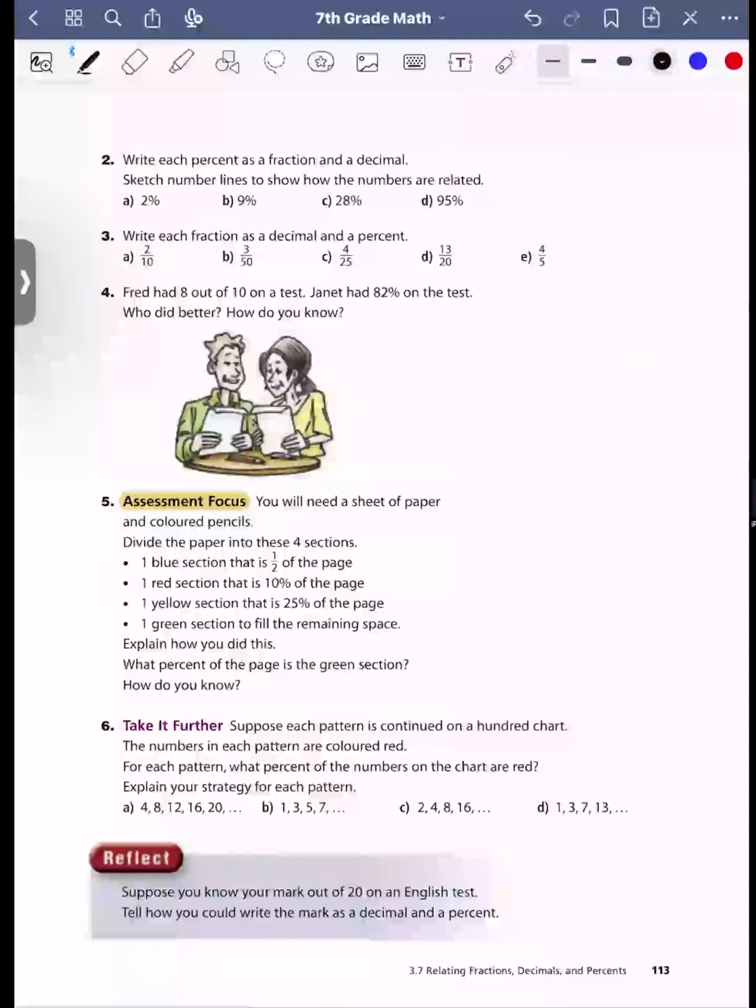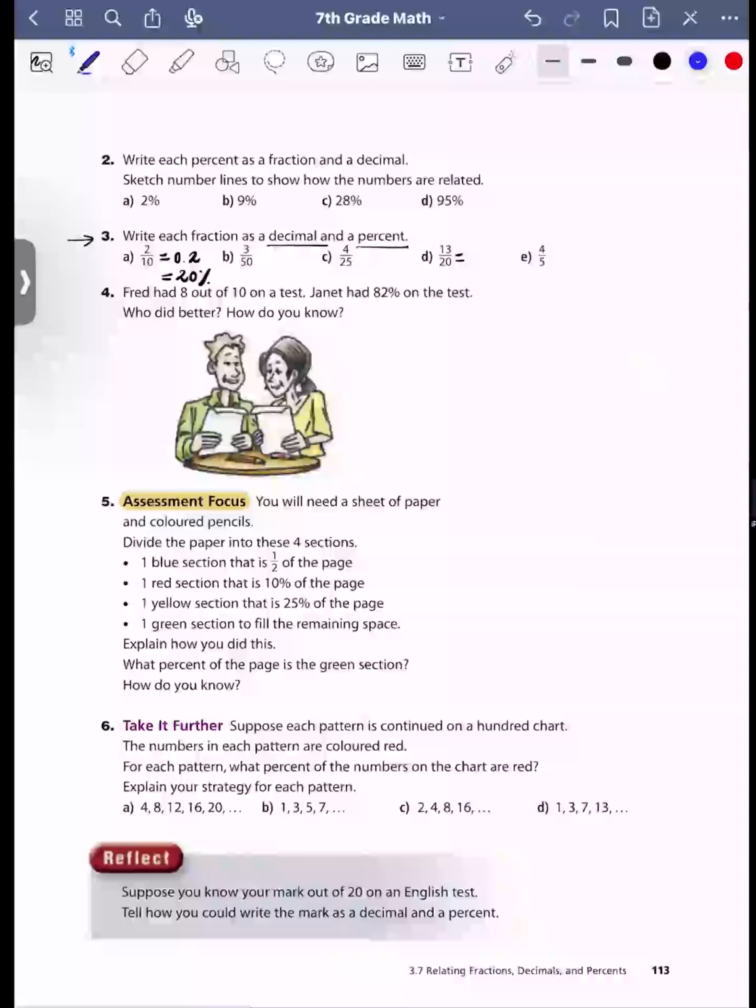Let's try one more example right here. Write each fraction as a decimal and percent. So we have this one, 2 over 10, which is 0.2, which is 20%, right? Let's try this one, 13 out of 20.